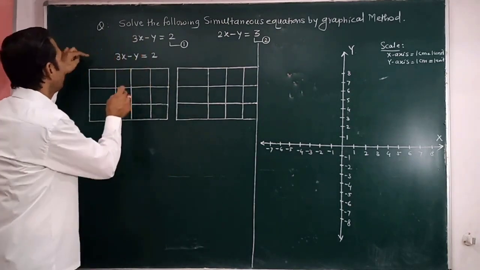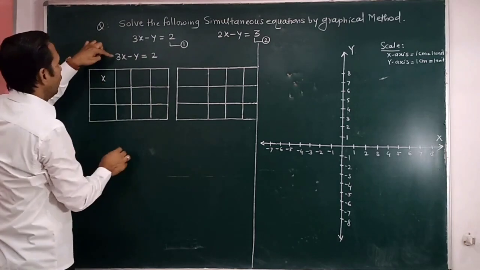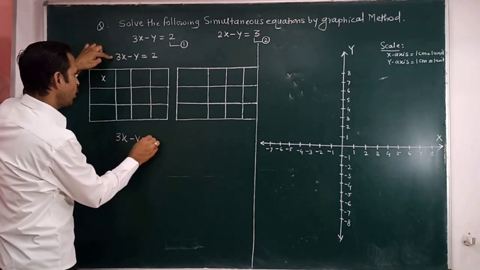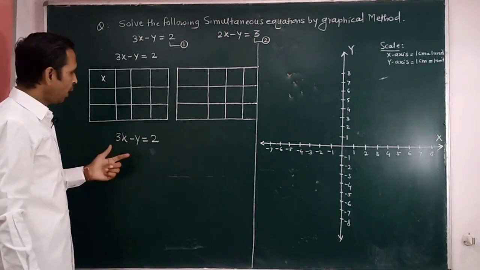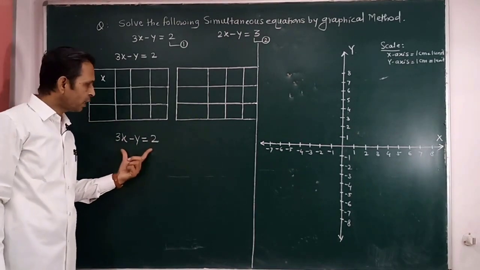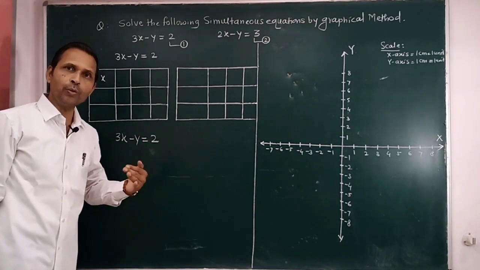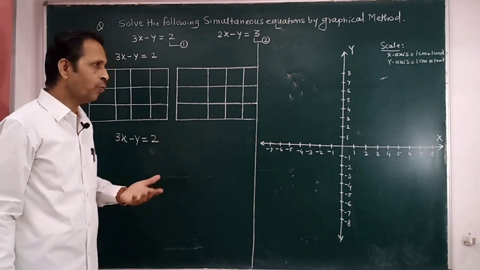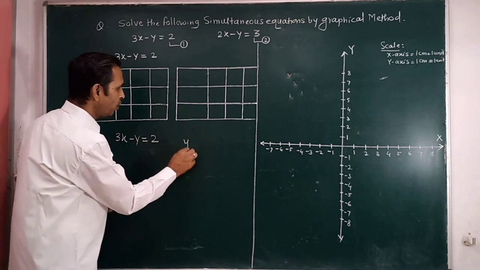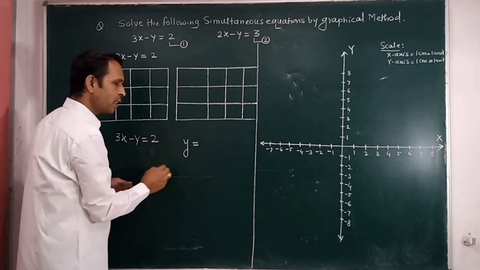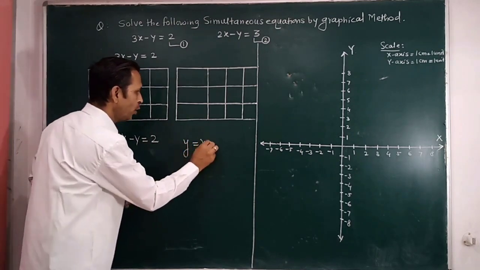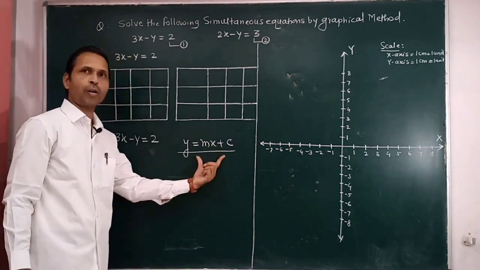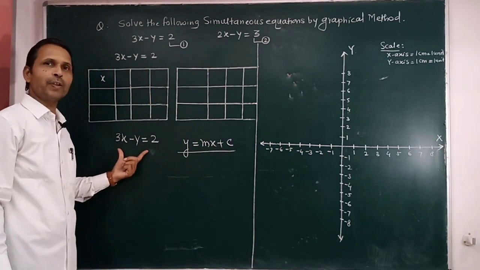When we convert such an equation into the y form, that is the linear equation in two variables, we can write y is equal to mx plus c, and in this form we have to write this equation.